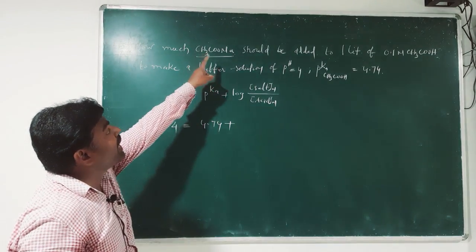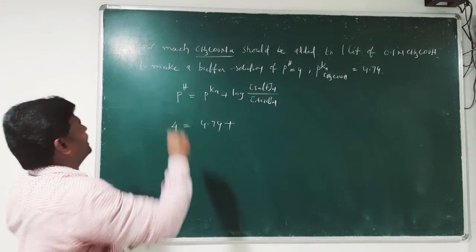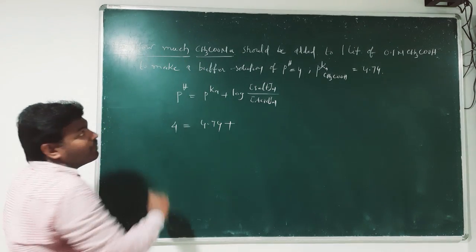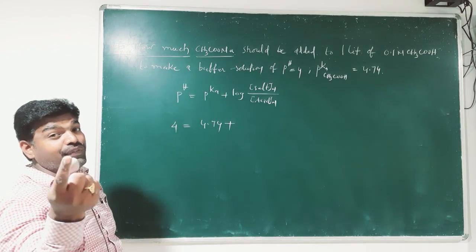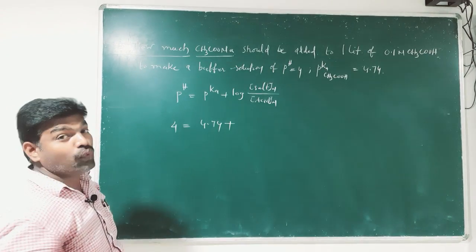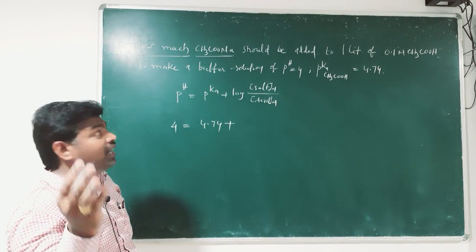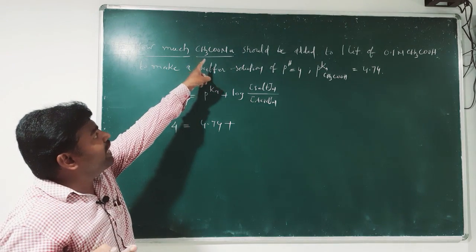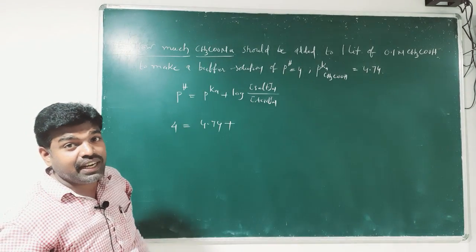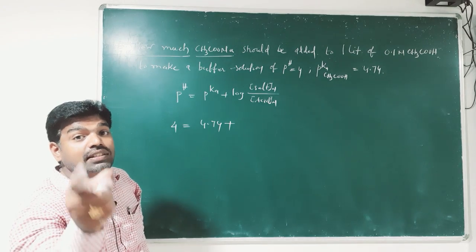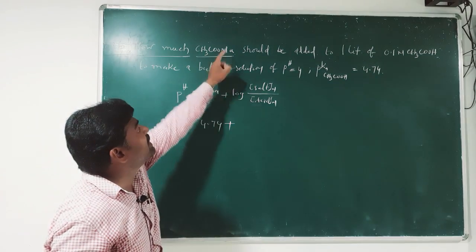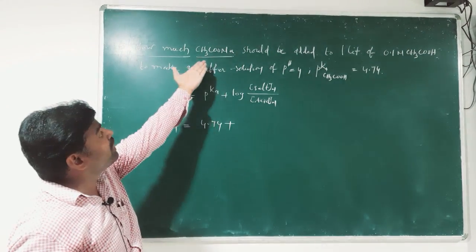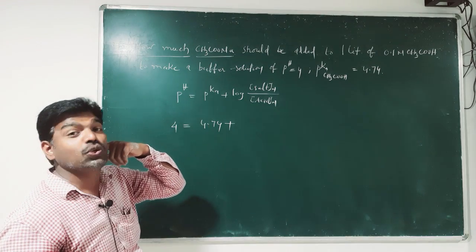What they ask us to calculate is how much, that is, the weight of sodium acetate. We can calculate the weight of sodium acetate if we know the concentration of salt, because sodium acetate is a salt.